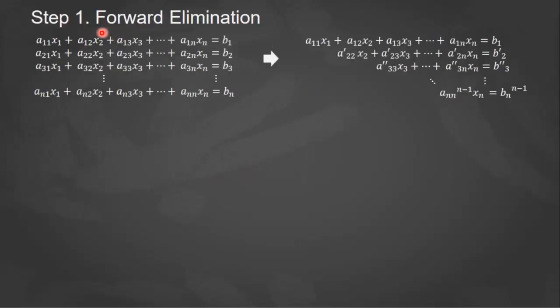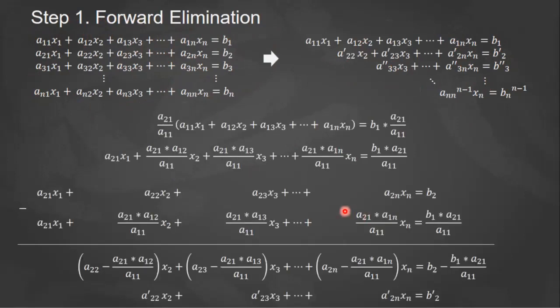So remember, for forward elimination, this set of equations should be transformed to this form. Now, the question is, how do we do that? The initial step will be to eliminate the first unknown, x sub 1, from the second up to the last equation.